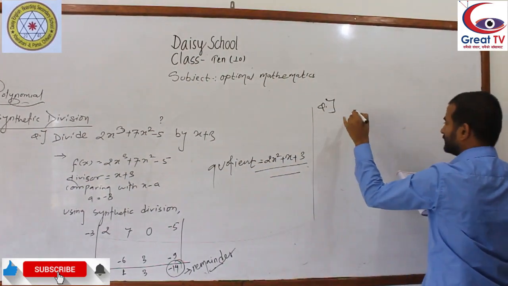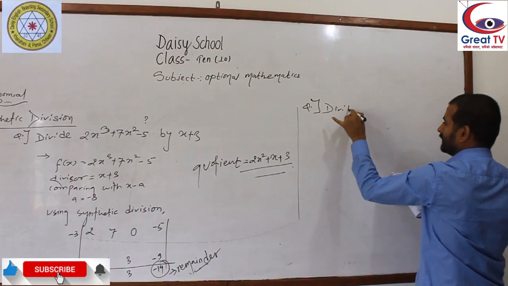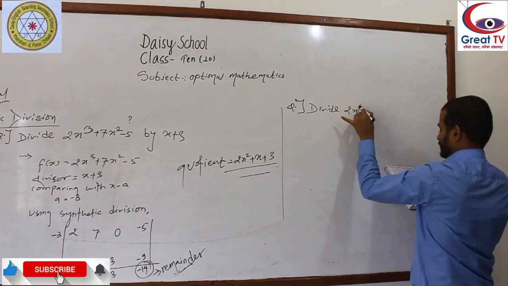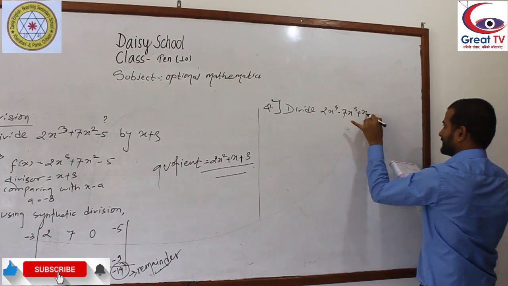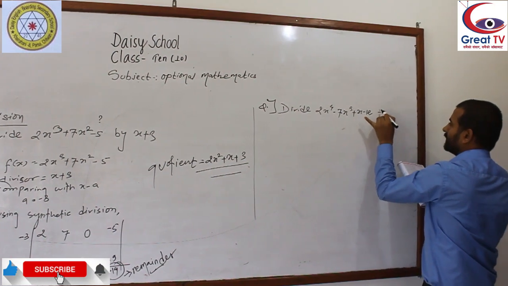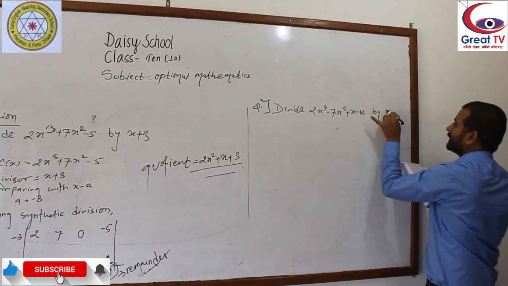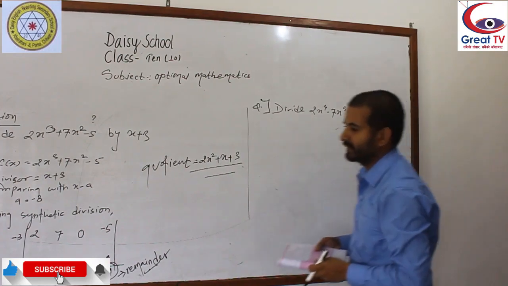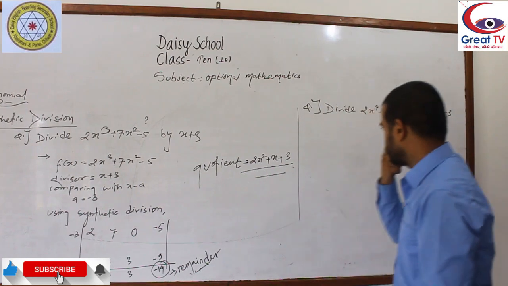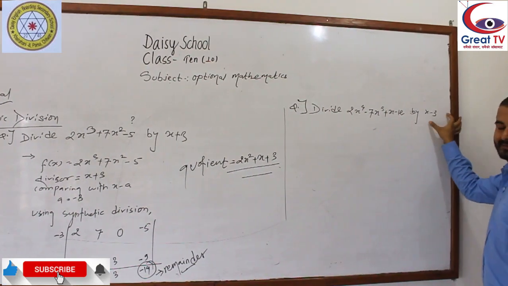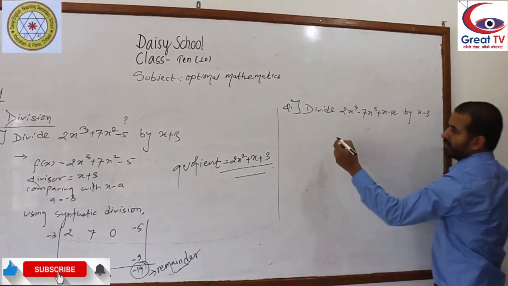Example number 2: divide 2x to the fourth minus 7x cubed plus x minus 12 by x minus 3. In the synthetic division method, we are learning the case where the divisor is a binomial term.